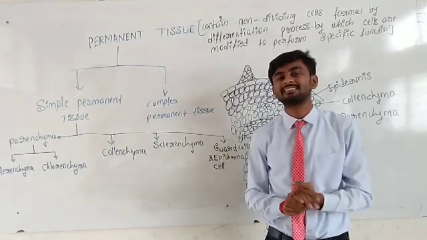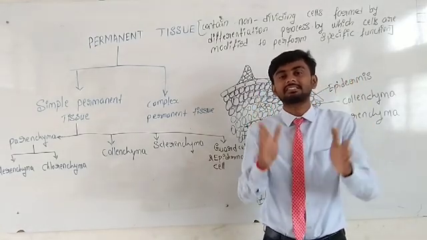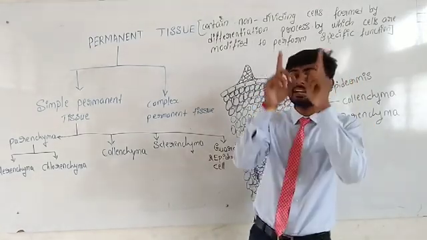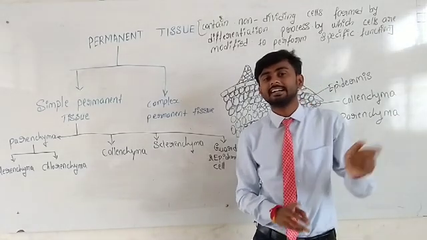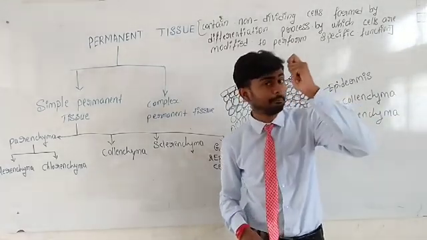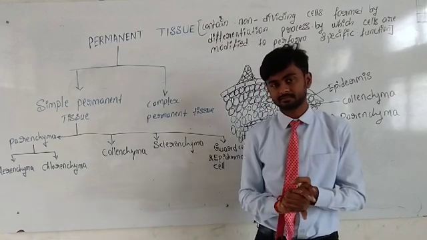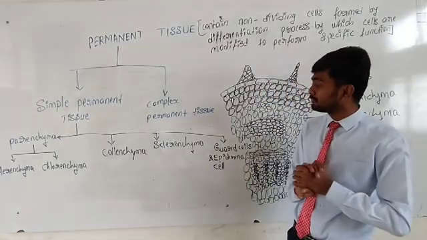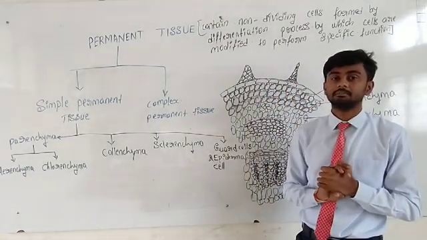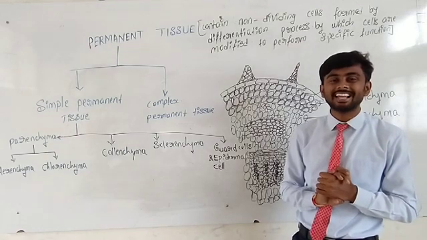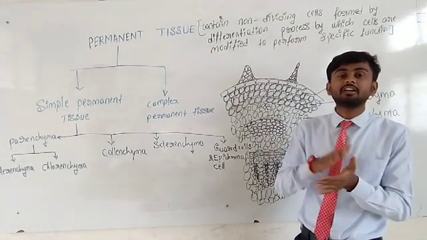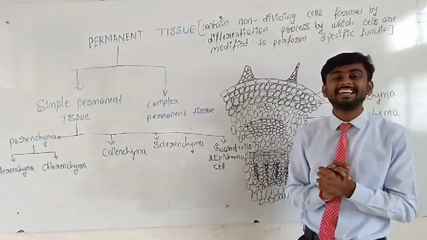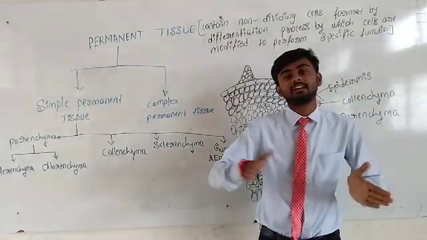Next one is the intercalary meristematic tissue. It is also a type of meristematic tissue, but it is present in the internode portion. It increases the length of internodes.